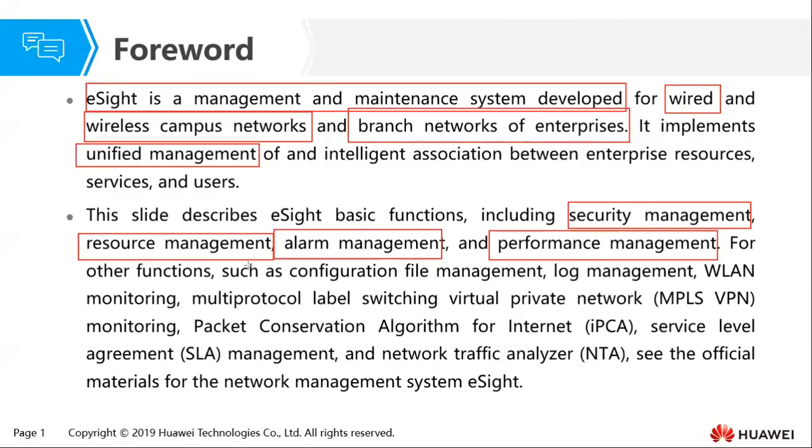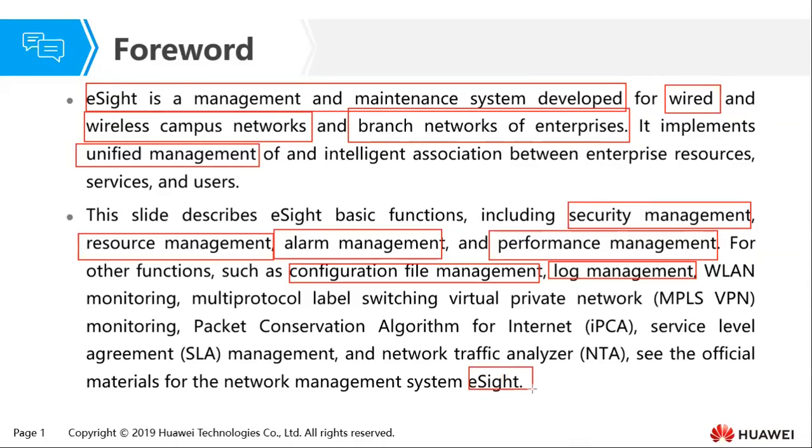For other functions such as configuration, file management, log management, wireless LAN monitoring, MPLS VPNs, packet conversion algorithm for internet, service level agreements, and network traffic analyzer, you can see the official eSight documentation.